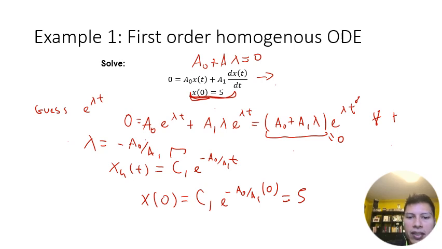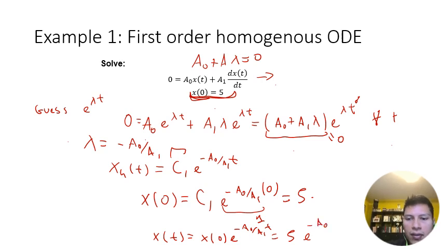Well, at time equals 0, this is just equal to 1, because e to the 0 is just 1, so we have that c1 is 5, so we have that x of t is going to be equal to x of 0 e to the negative a0 over a1 t, which is really equal to 5 e to the negative a0 over a1 t. So this tells us that c1 is equal to 5.